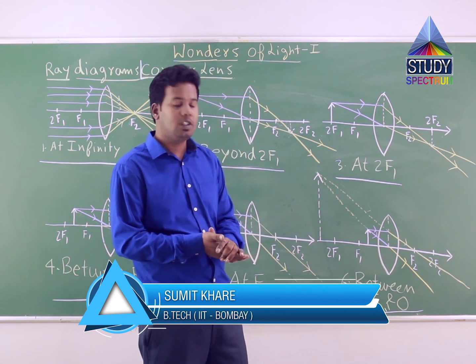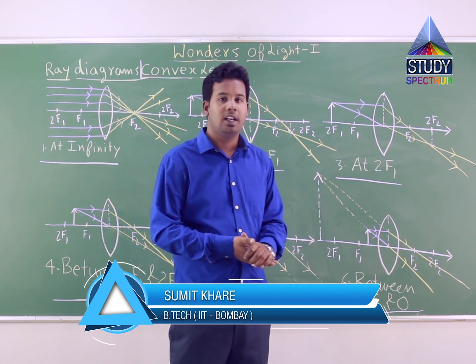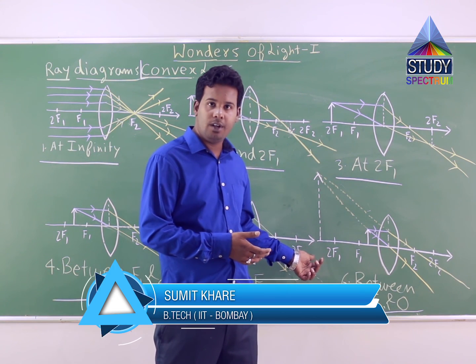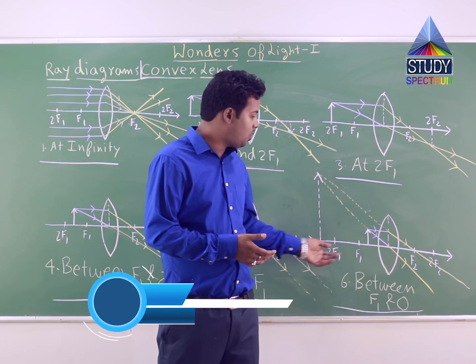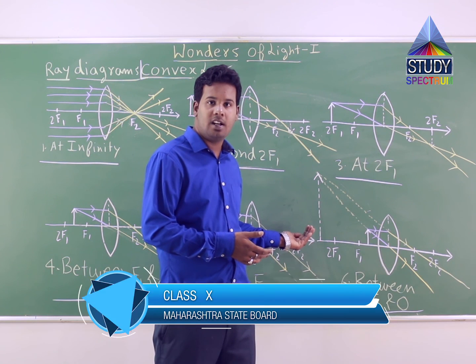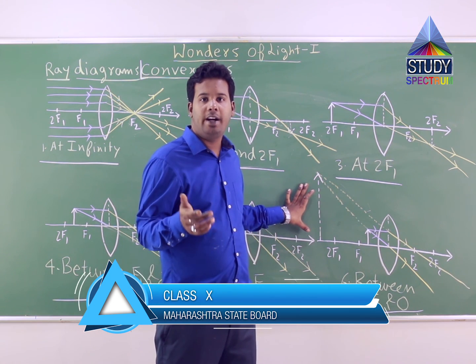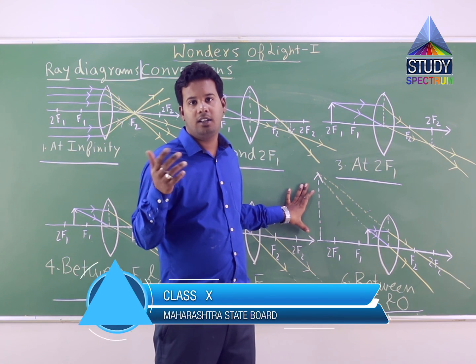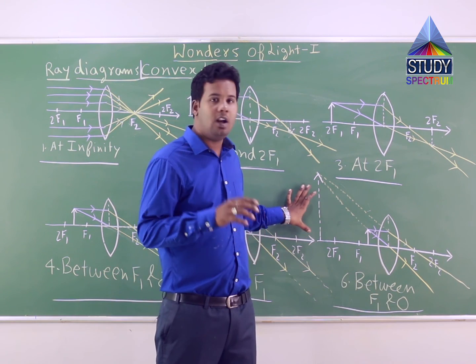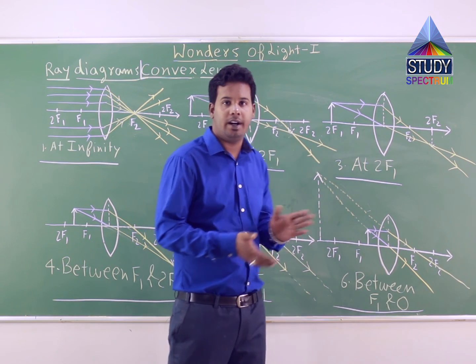So the four results which we got in this particular case: the image is formed beyond 2f1, the image is virtual because it is forming in front of the convex lens, the image is magnified because the height of image was coming out to be greater than the height of object, and since the value is positive, this image should be erect.